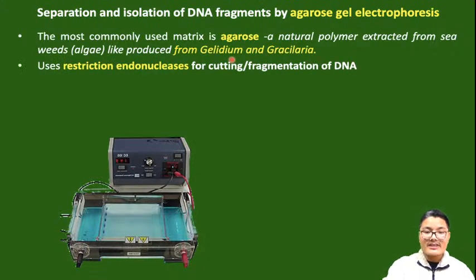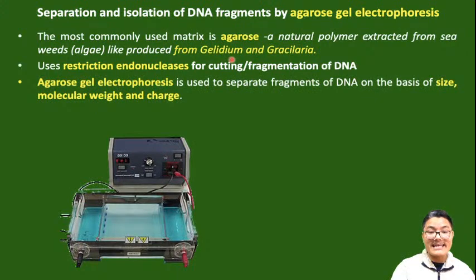And we said that there is cutting of the DNA with the help of restriction enzyme, right? And agarose gel electrophoresis is helping in separation of the DNA fragments on the basis of size. Larger fragments are moving slowly, smaller are moving faster. The DNA fragments are categorized on the basis of molecular weight.